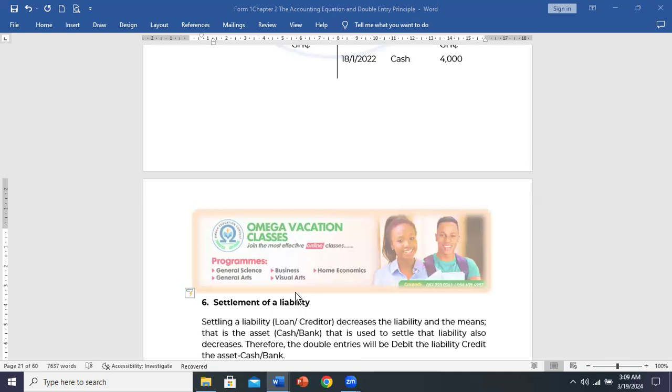So if you are paying off a liability, let's look at the modalities. Example, business, Mr. Amwa Enterprise. I owe some people, so that is a liability, and I want to pay them. I am definitely going to pay with money. So asset, cash, or bank will decrease, because if we are referring to money, we are looking at our cash account or bank account.